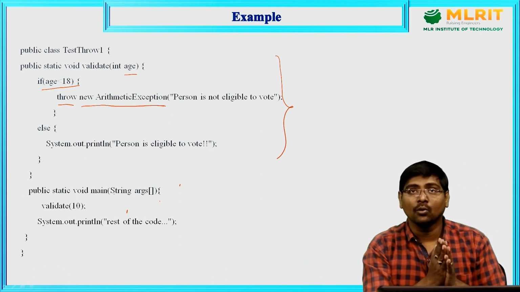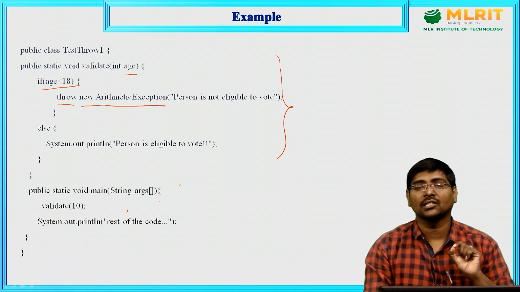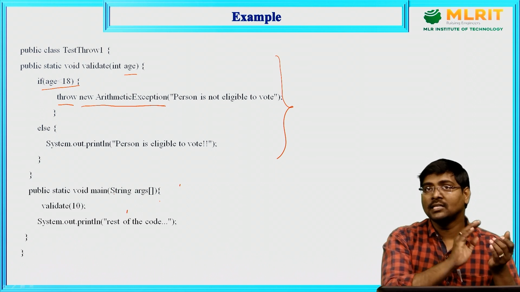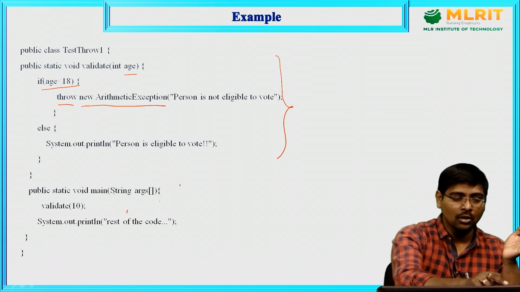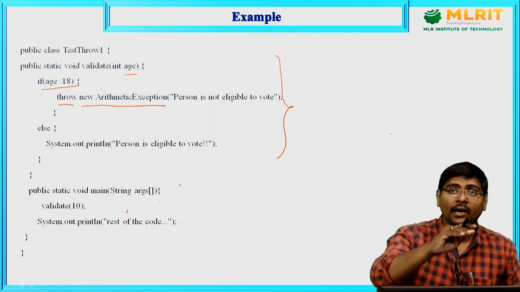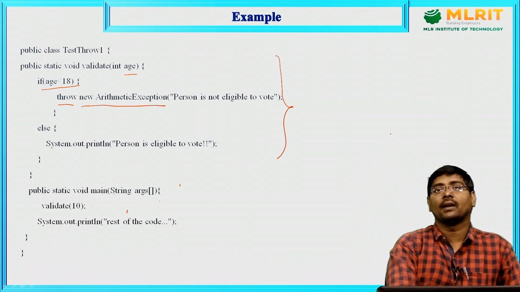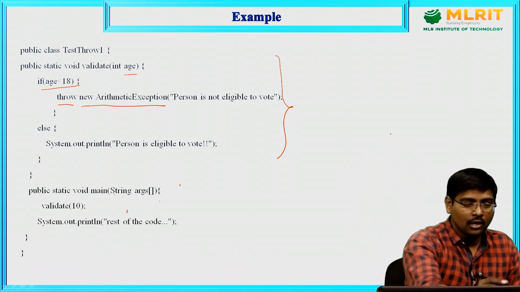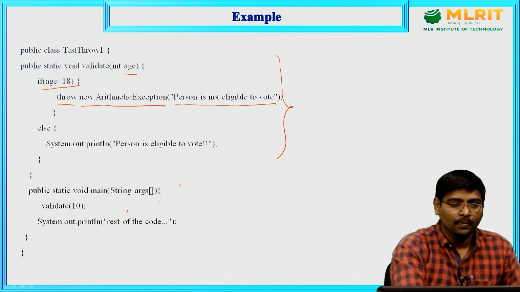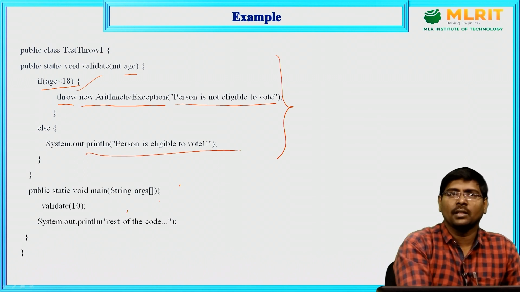Understand the scenario. Here I am using ArithmeticException, that is a predefined exception. So whenever you use this particular statement, automatically that is thrown as the predefined ArithmeticException. Throw new ArithmeticException with some message. Else, the person is eligible to vote, some other message.